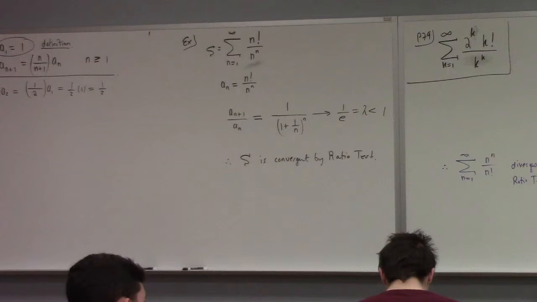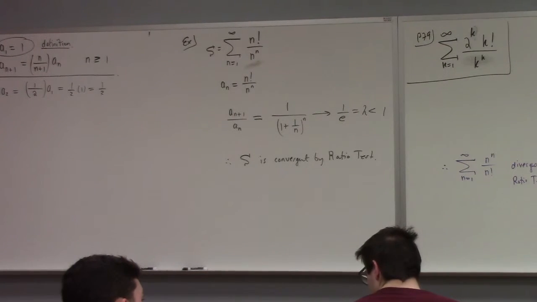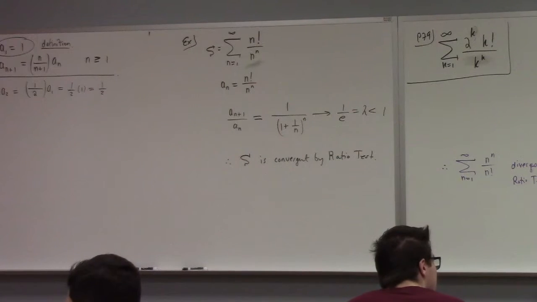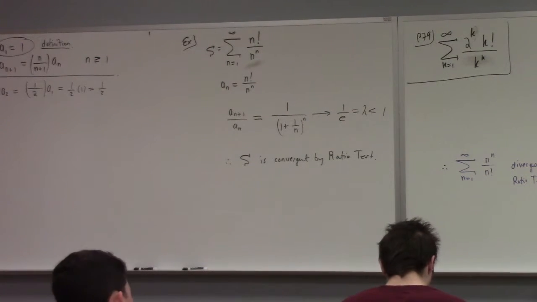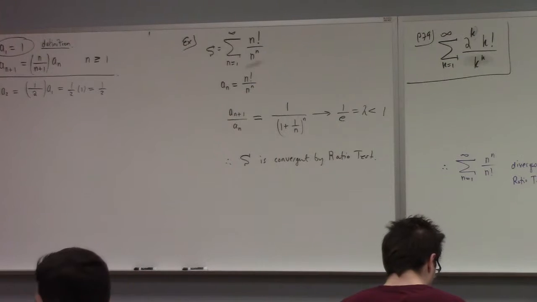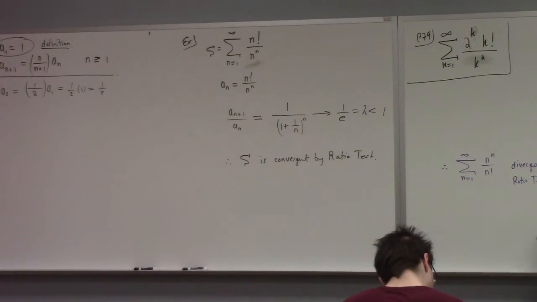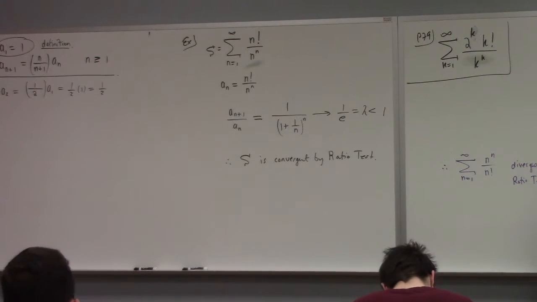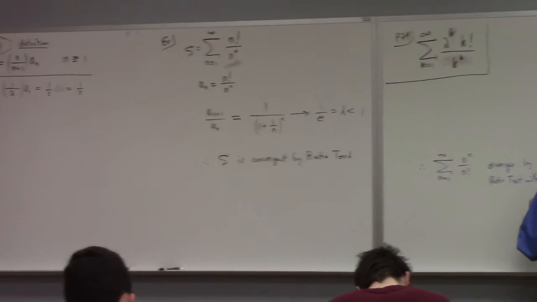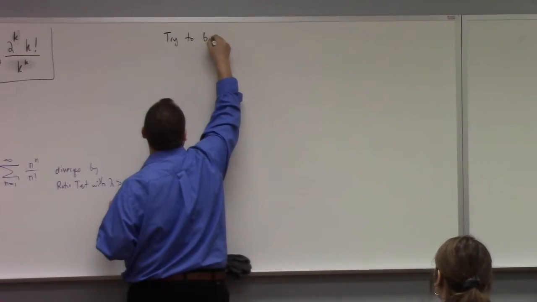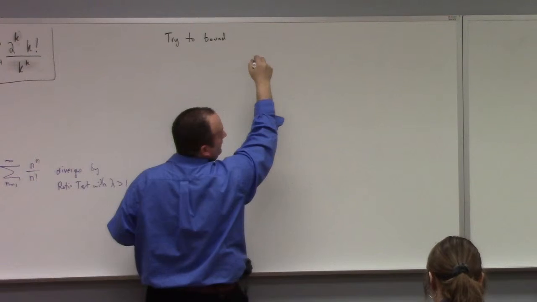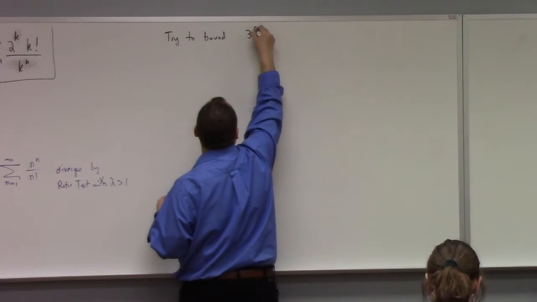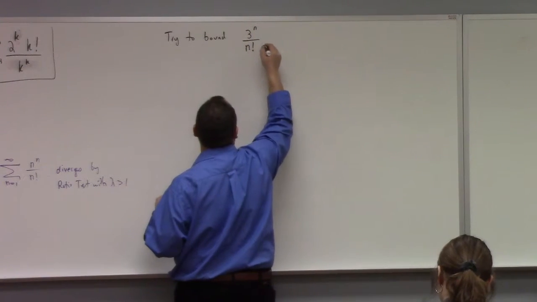This is problem 70. So I want to try to bound 3 to the n over n factorial.